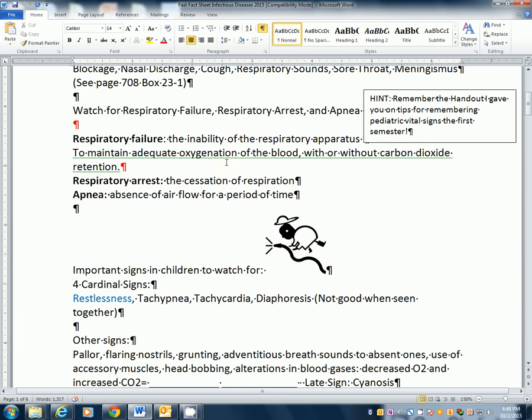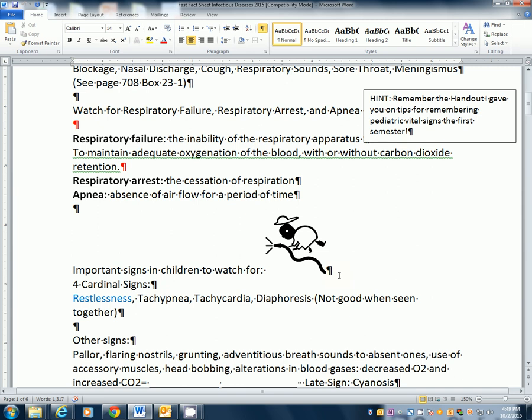Whereas respiratory arrest is the cessation of respirations, and apnea is the absence of airflow for a period of time. Now, these are going to require that you respond quickly because vital organs like the brain cells will begin to die without oxygenation. So just like the firefighter, you need to be able to respond quickly.